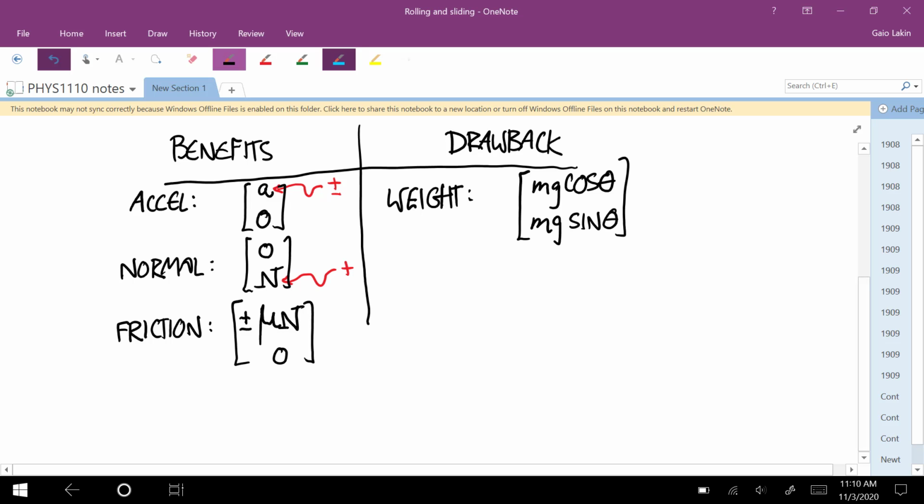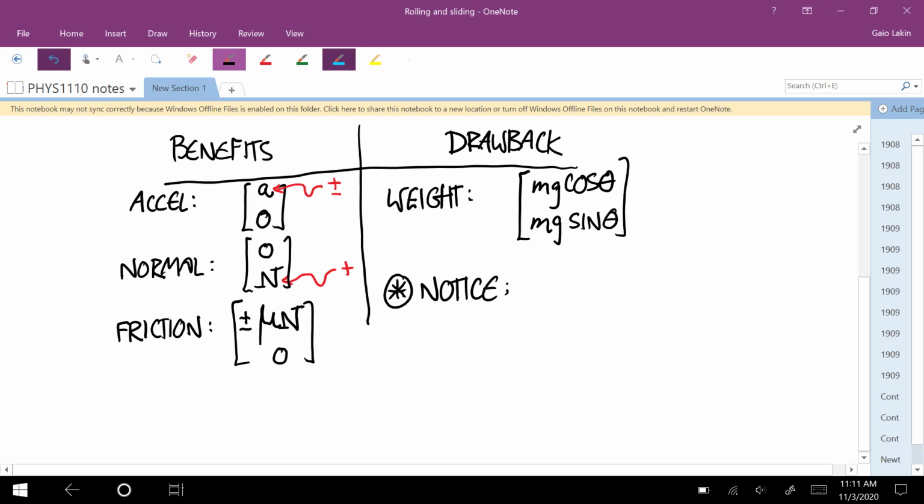And one thing that I want you to be aware of is that all we're doing in calculating using cosine and sine is figuring out what the angle theta is that you have to go counterclockwise from the positive x-axis to the weight force vector.